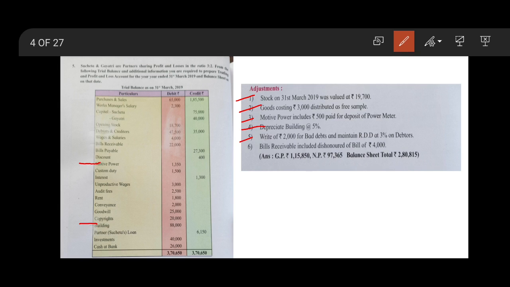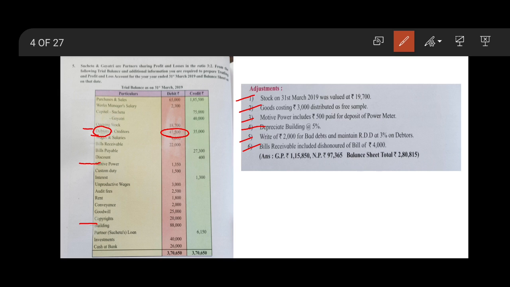Next is write off bad debts and maintain RDD on debtors. Bad debts is not given in the question. We will mark out the debtors here. But here you can see debtors and creditors are given together. So mark the debtors with the debtors amount 47,500. The last is bills receivable include dishonoured bill of rupees 4,000.